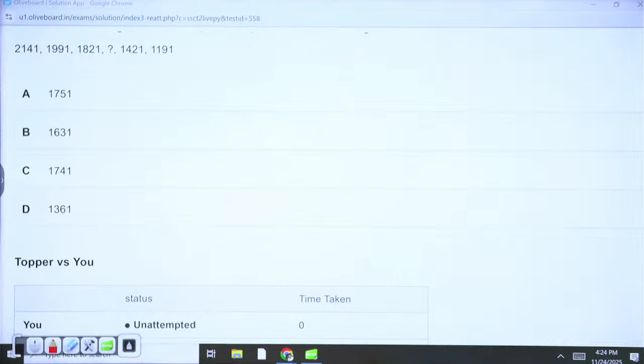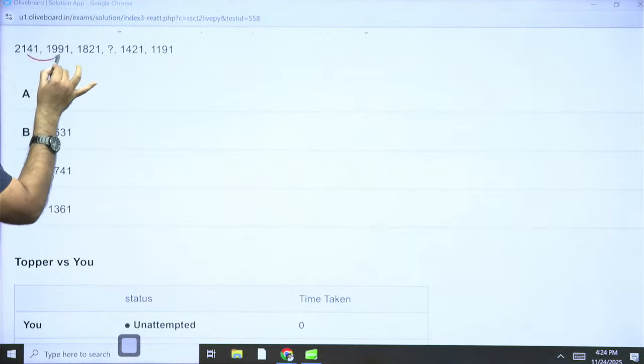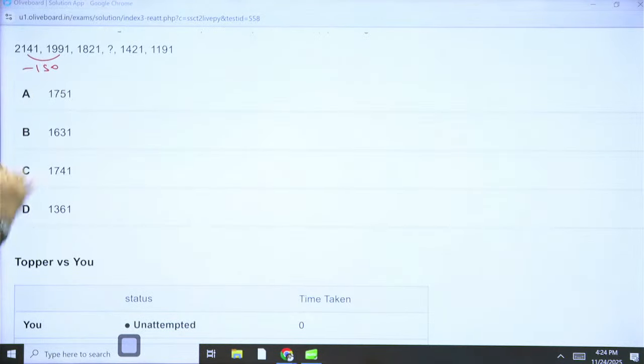141, 1991. So this is 141 plus 9, 150, right? Correct? 1821, 1991.